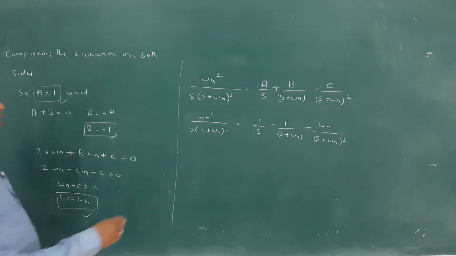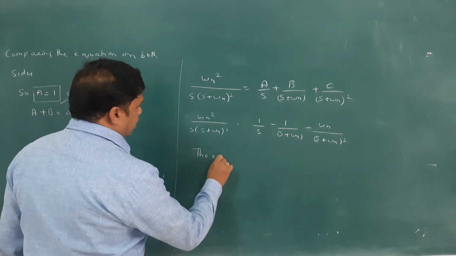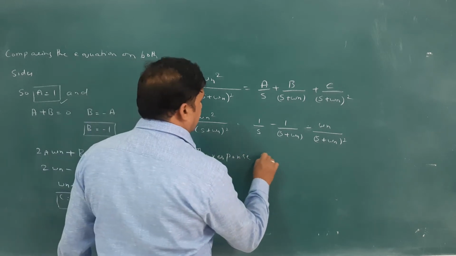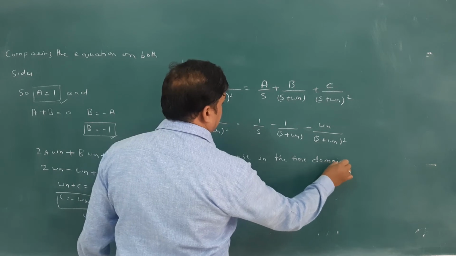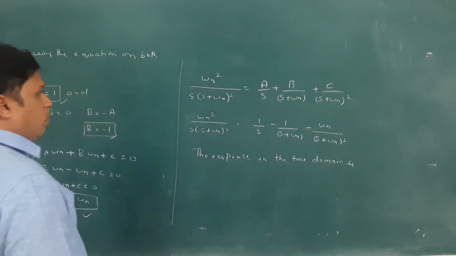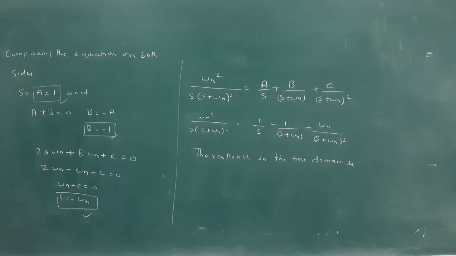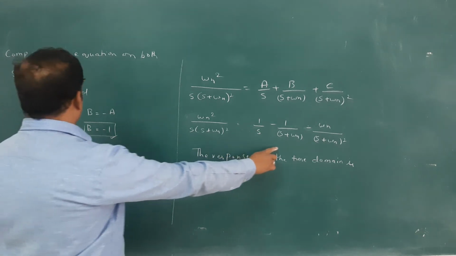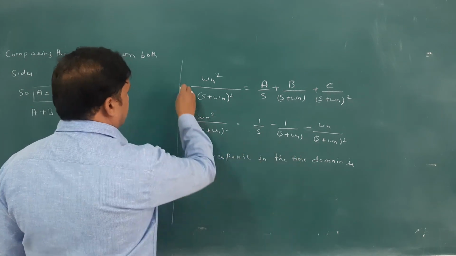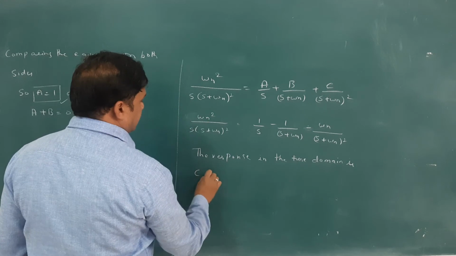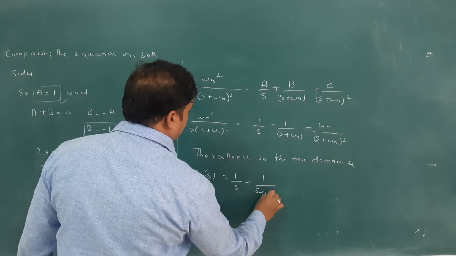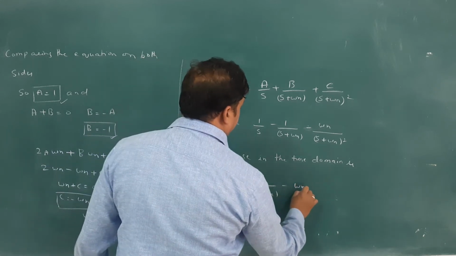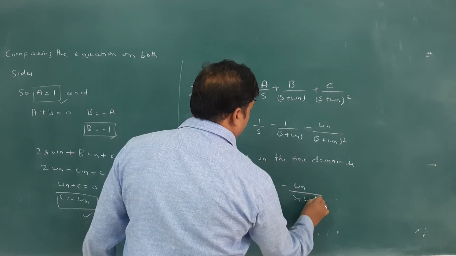Now we will get the response in the time domain. C of s is equal to 1 by s minus 1 by (s plus omega n) minus omega n divided by (s plus omega n) whole square.